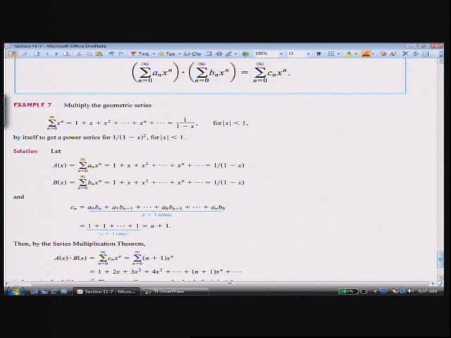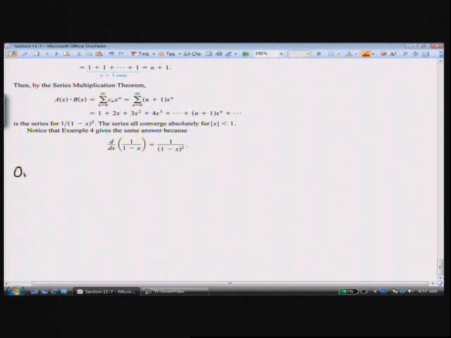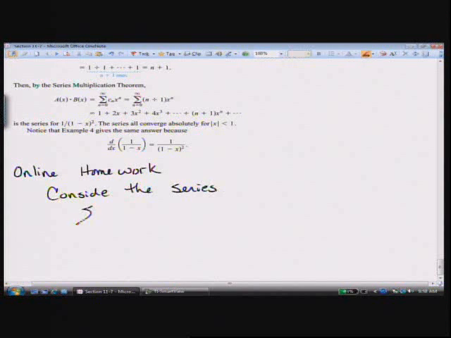Okay, so this is number 1 on the online homework. They want you to consider the series, the sum as n goes from 0 to infinity of (-1) to the n times (10x + 3) to the n.